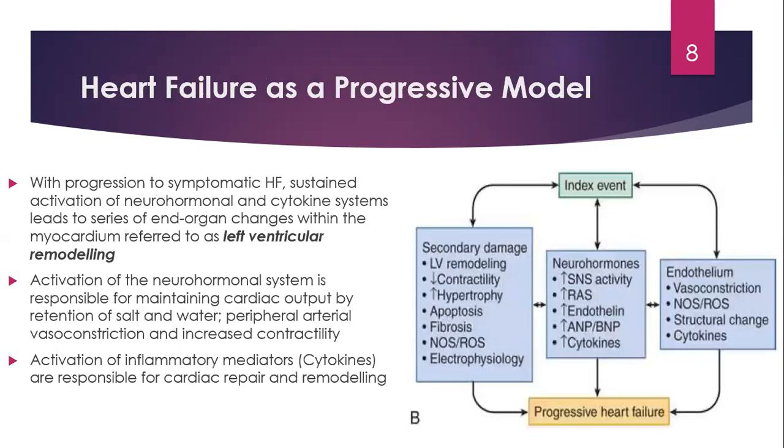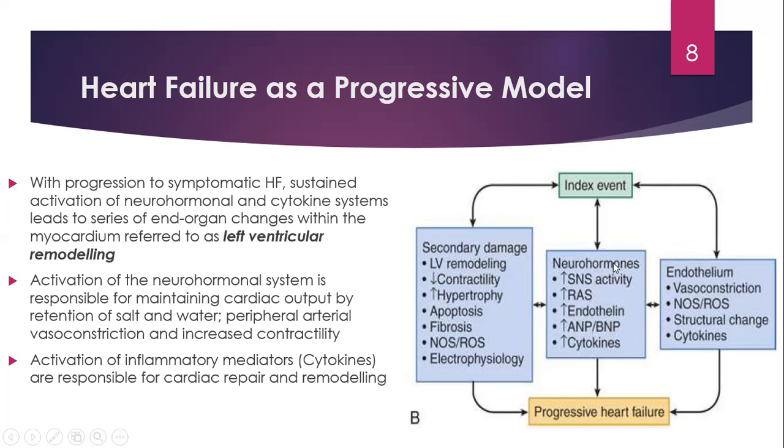So the progressive model for heart failure, as you can see from this schematic: once the index event happens, it activates neurohormones. So there is increased activity of the sympathetic system, activation of the RAS, increased vascular factors like endothelin and atrial natriuretic peptide, and even an inflammatory response.